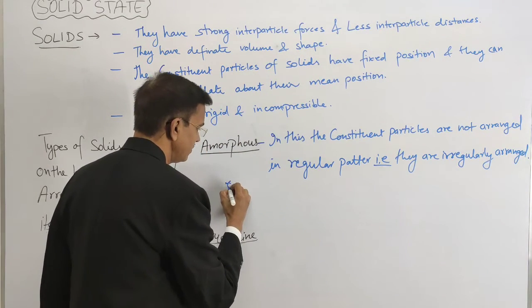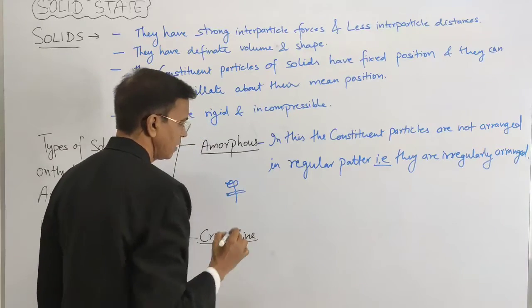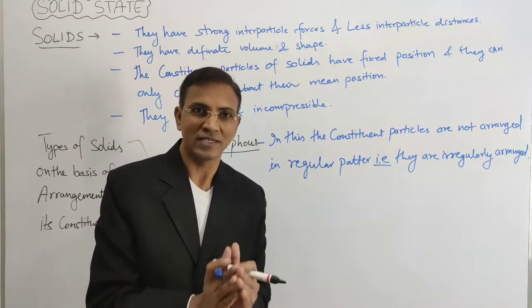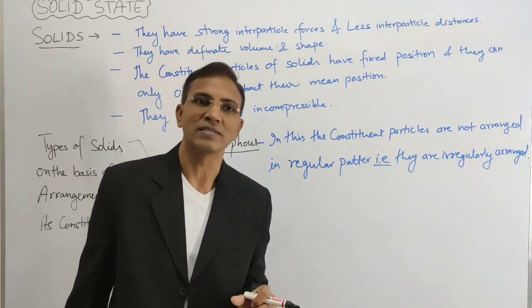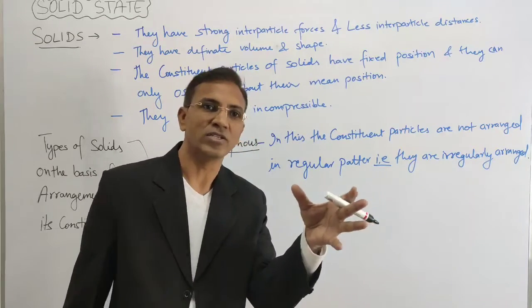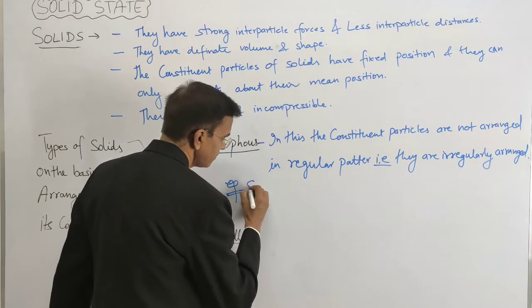For example, suppose a solid matter is made up of two kinds of particles and they are irregularly arranged, right?